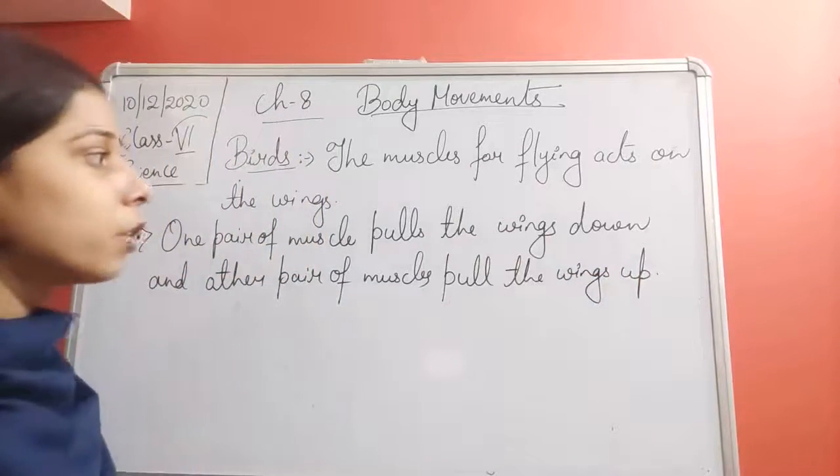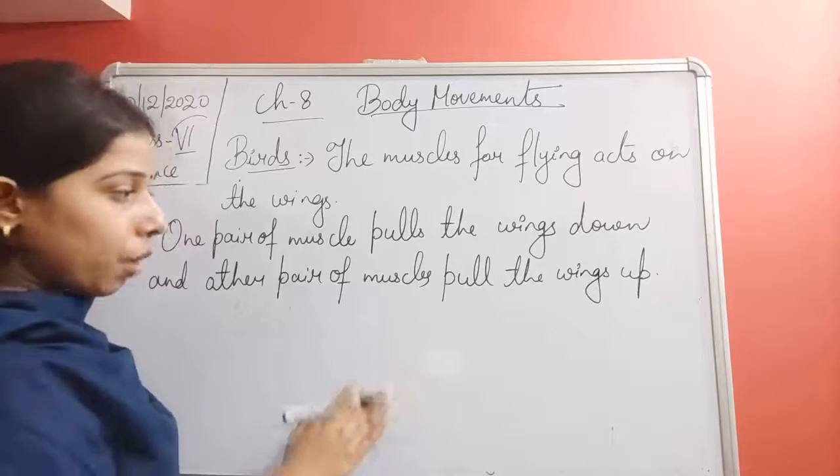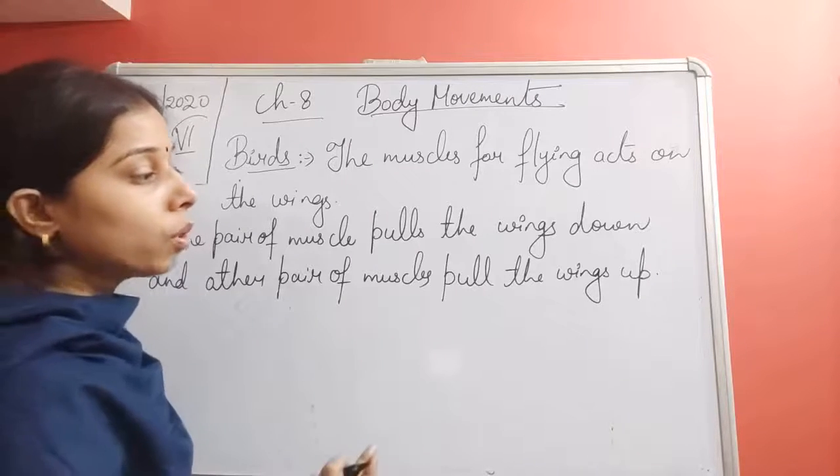So one pair of muscle is there which is used to pull the wings down, and one pair of muscle is also there which is used to pull the wings up.